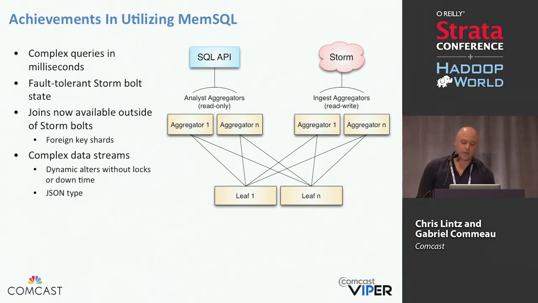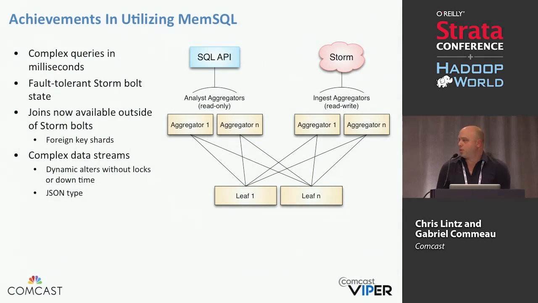Something else pretty interesting: because of the other streams that we're not presenting here, we do have use cases to do joins in real time. Whether we extend a Storm topology or glue different topologies together, we can now do joins outside of Storm bolts, basically outside of the topology, by the foreign key shards that MemSQL provides.